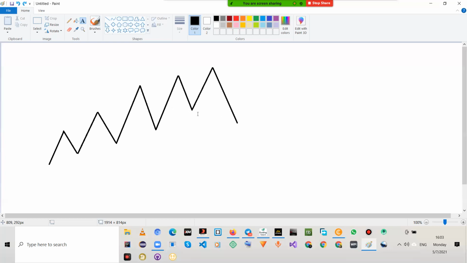Then when it breaks the structure and goes through the low of the latest higher low, it forms a lower low. Now we're looking at lower lows because the latest higher low has been broken into a lower low. So that's when structure is broken.